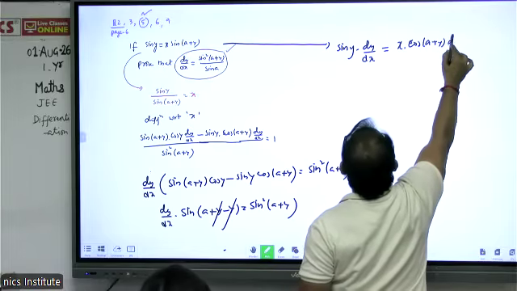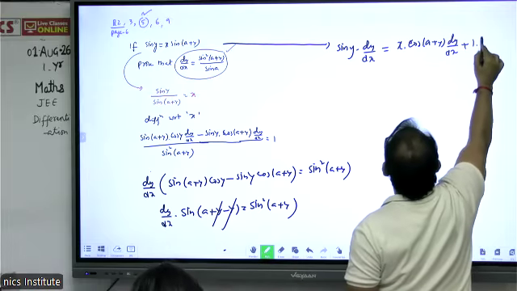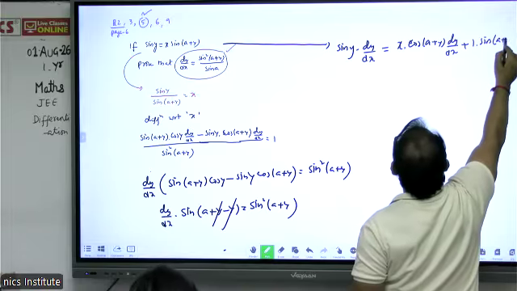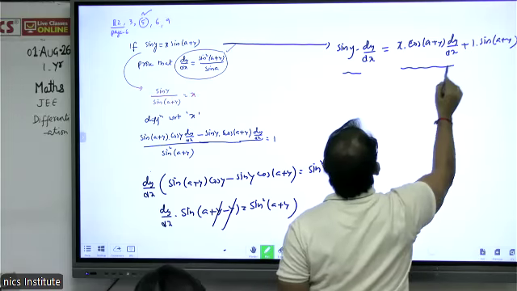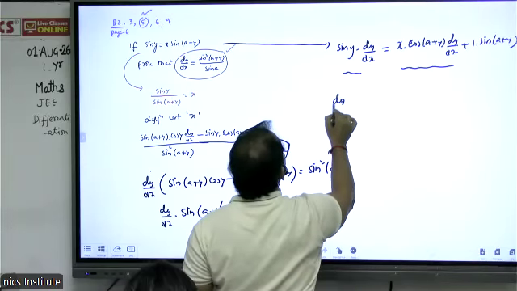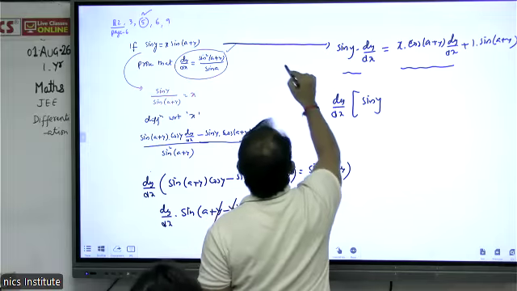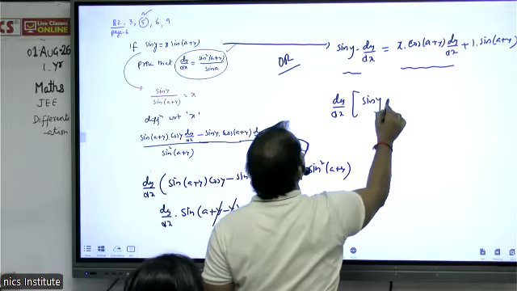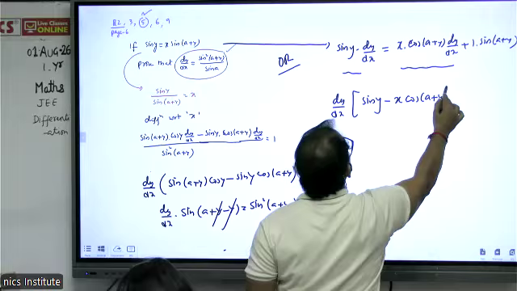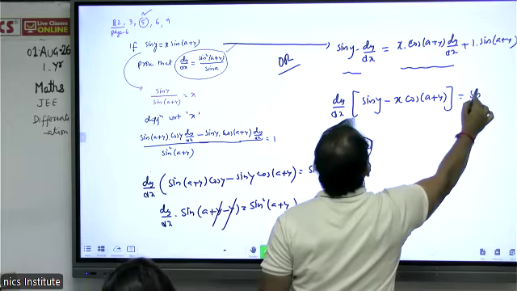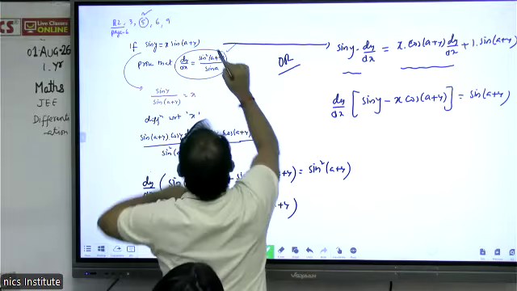sin(a + y), cos(a + y), dy by dx, derivative of x is 1. So here I apply product rule. Now bring the term of dy by dx on one side, take common, and this would be sin(a + y) minus x into cos(a + y). This is the second method, alternate method. Now you need to replace x.